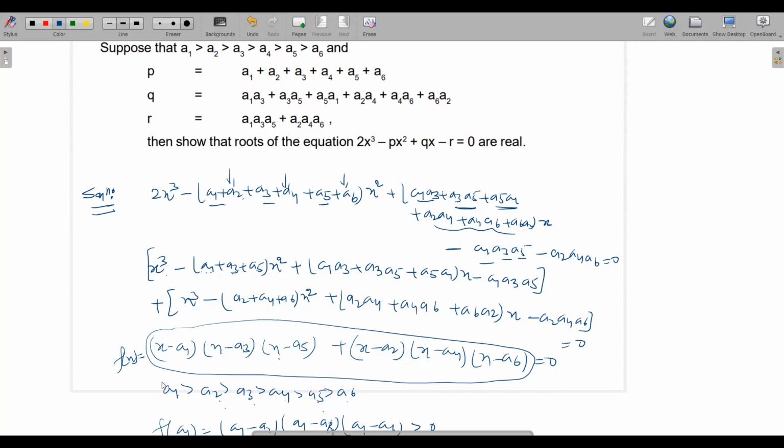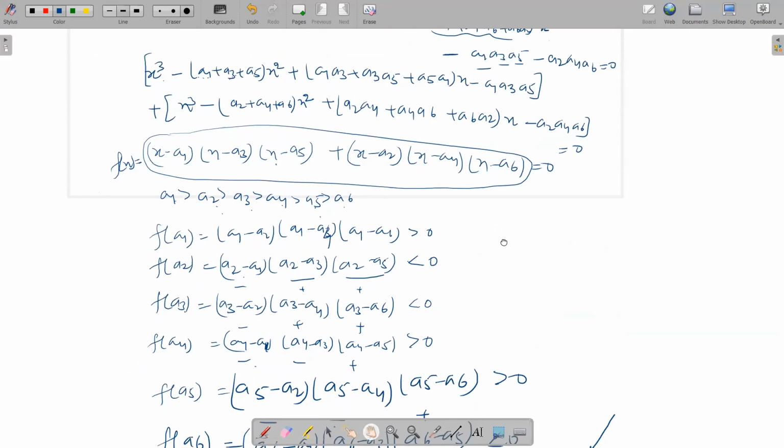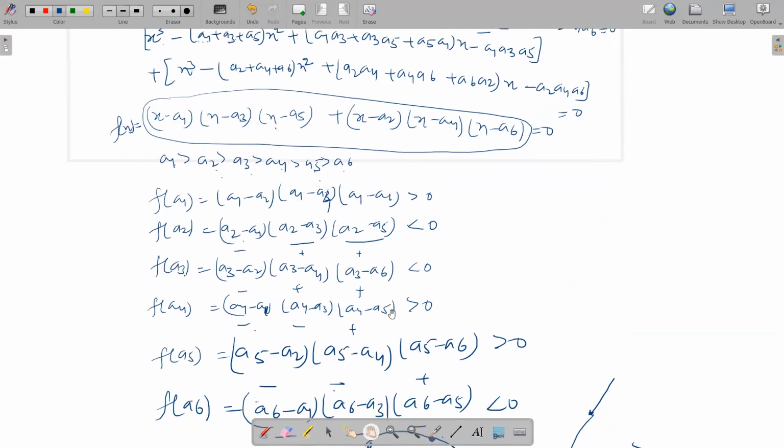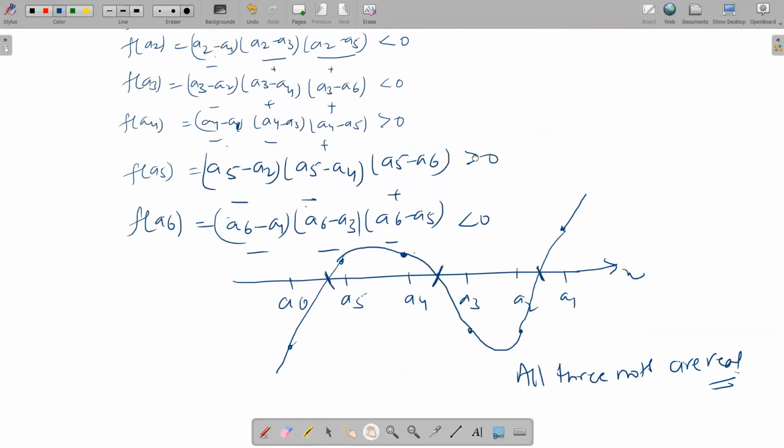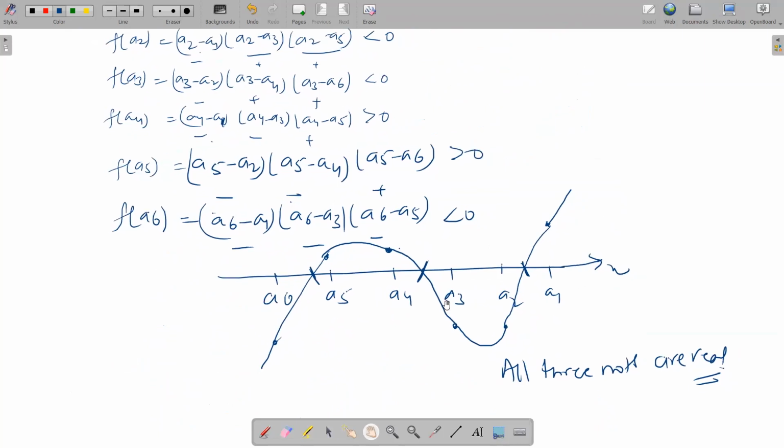Sir, could you please scroll down? Sir, I want to see the graph. Done, sir.